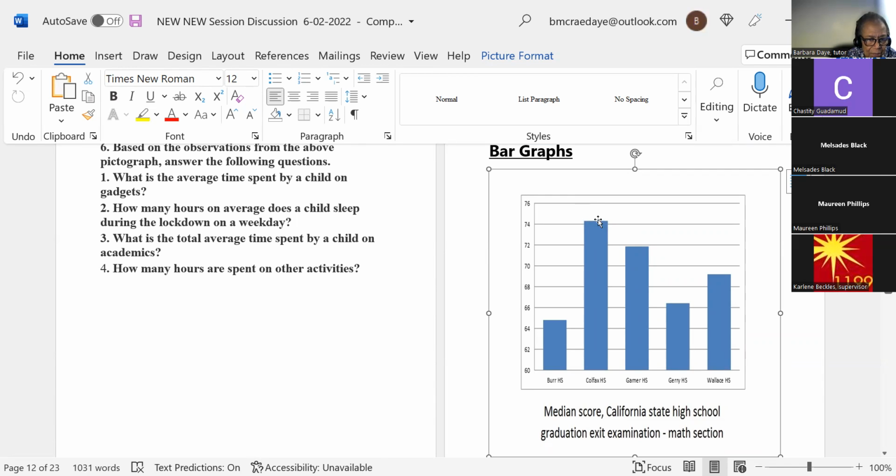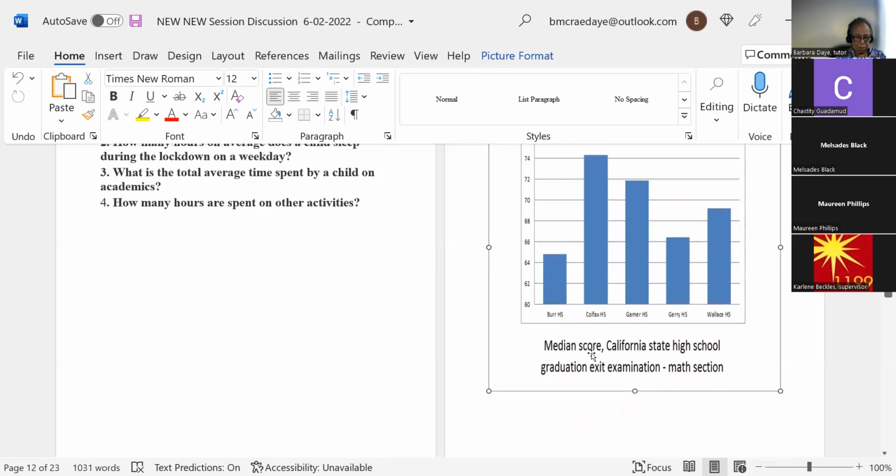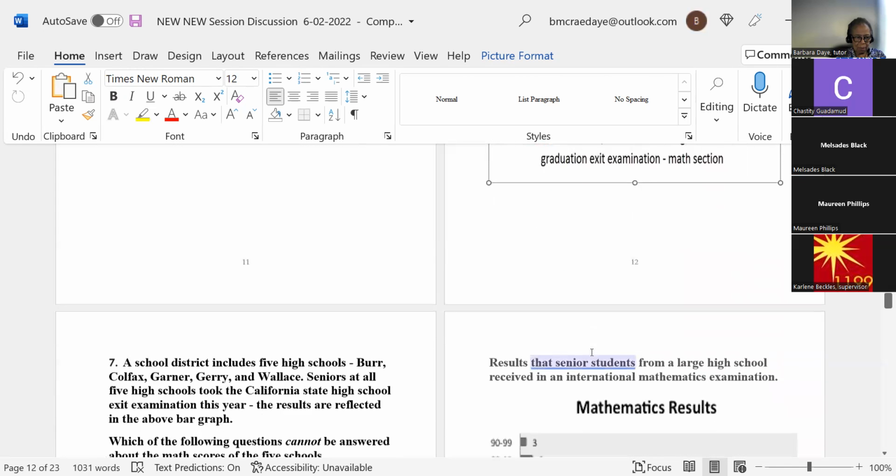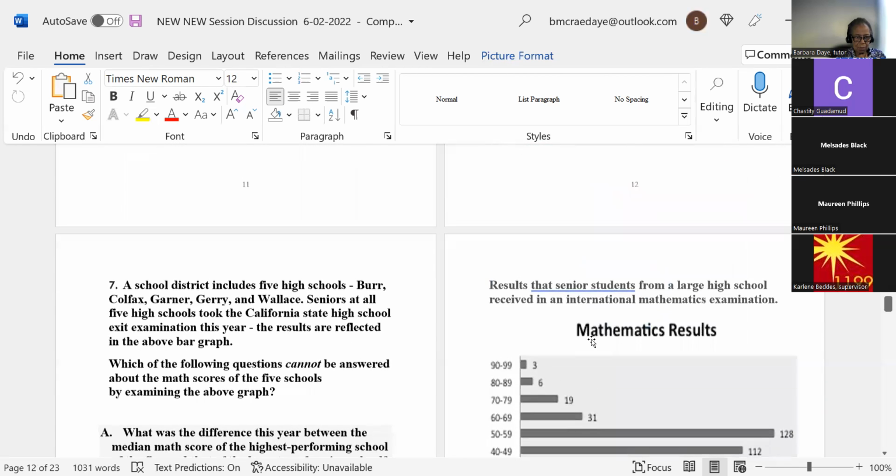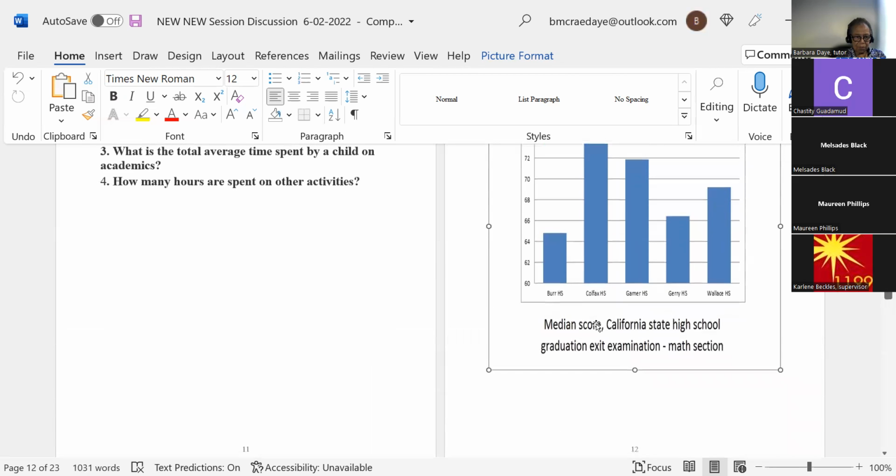So you could call it 74 and a fraction, 74 and 2/10. But that's the way the bar graph works: you read it at the top. I'll give you some that's clearer to read. That was the vertical.